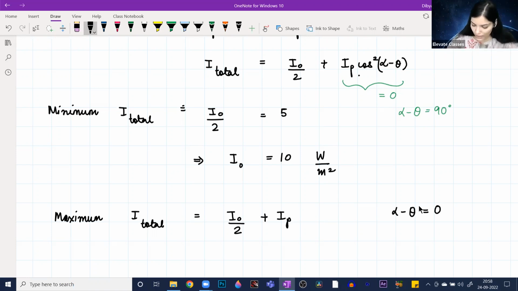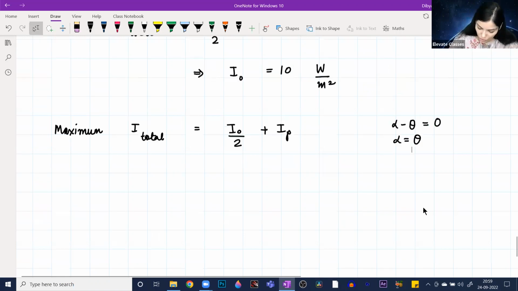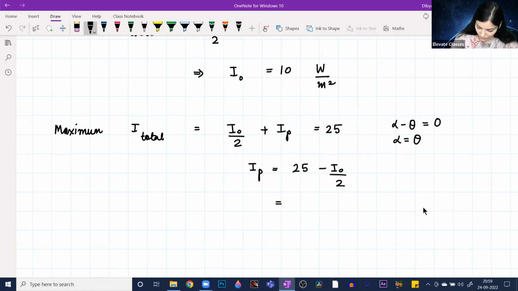And this is true when alpha is equal to theta, which is obvious: whatever my input polarization was, if the polarizer axis is parallel to it, then I will get maximum intensity. It is obvious. So this number is given to be equal to 25. Then IP is equal to 25 minus I0 by 2, so 25 minus 5, which is equal to 20 watt per meter square.